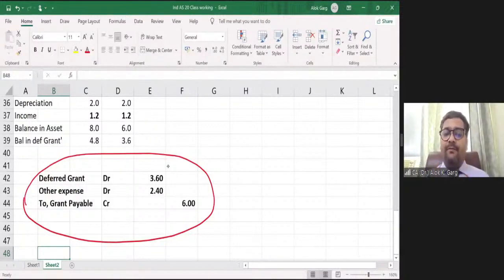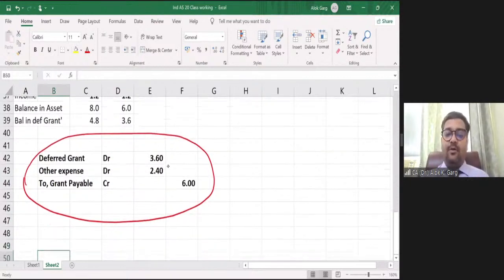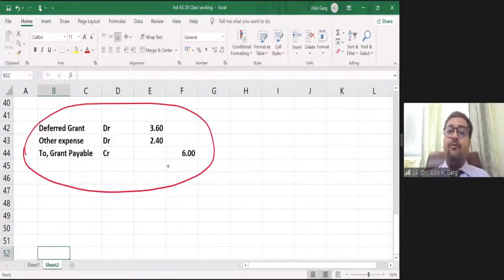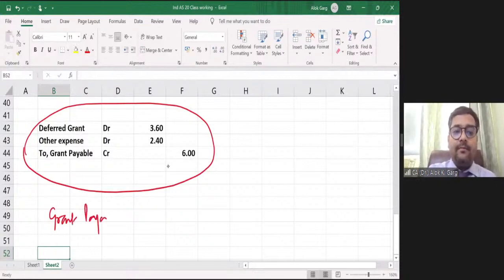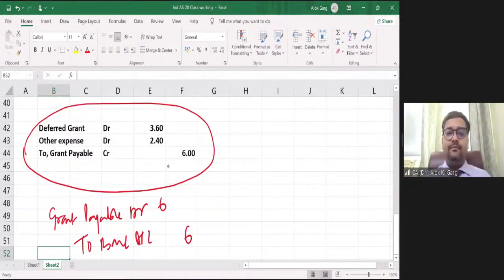Grant has been payable by the full amount, and the difference will go to the expense account. Sir, when we pay the grant, what will be the accounting entry in that case? Grant payable account debit, credit to bank account. 6 lakh, 6 lakh. Yes, Radha, the balance will be 3.6 lakh. Yes, that was my mistake.